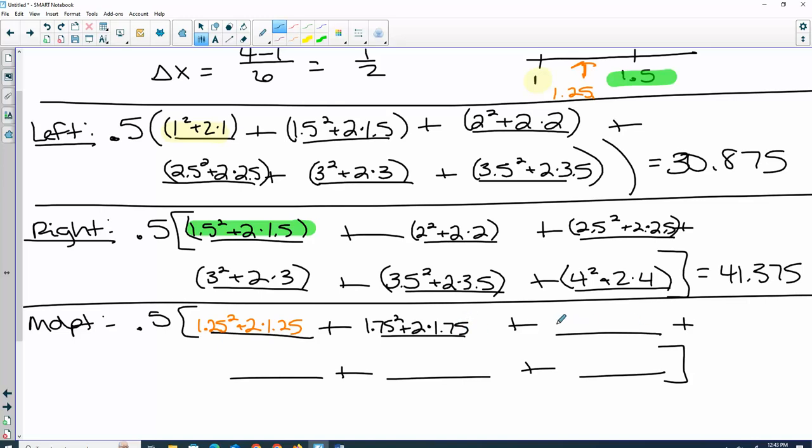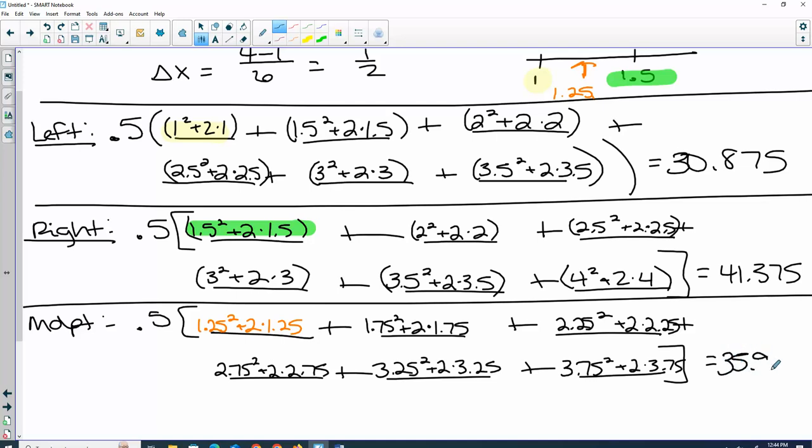Add 0.5, so 2.25, 2.75, 3.25, 3.75. And that one gives us what? 35.9375.